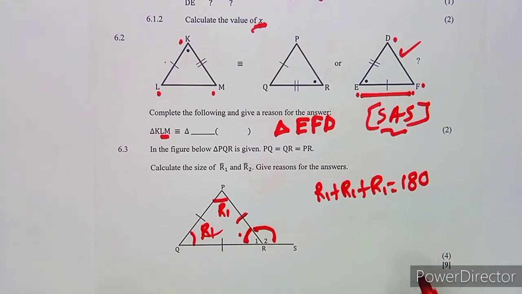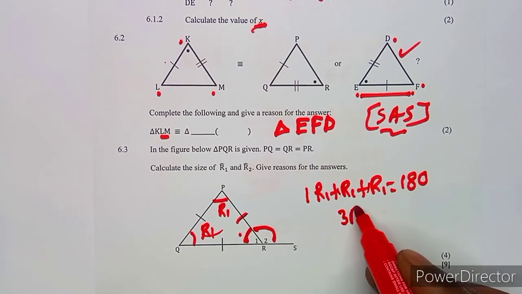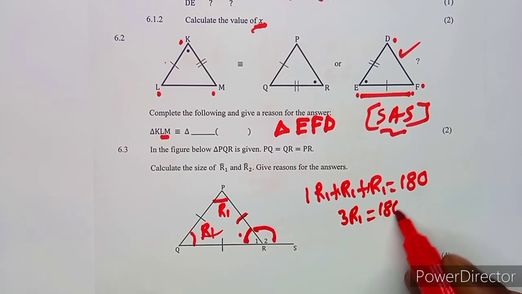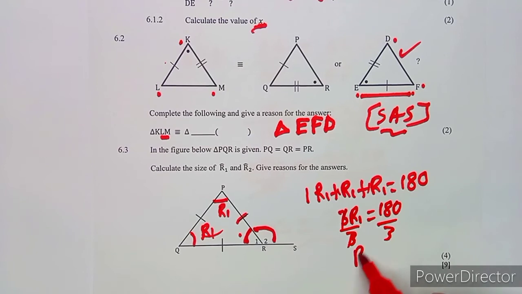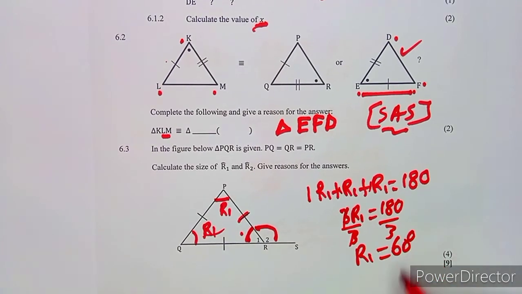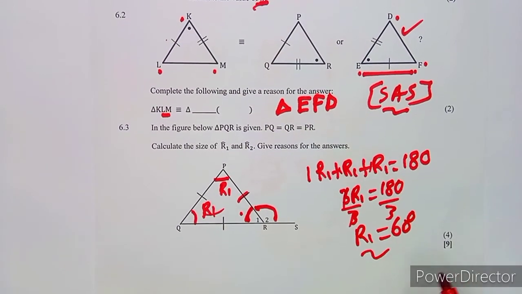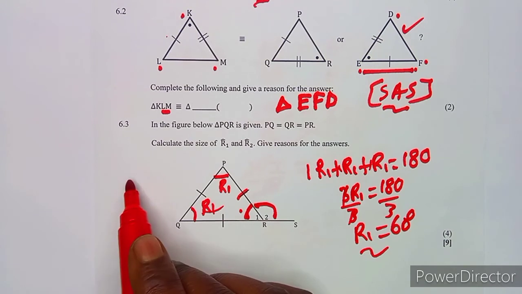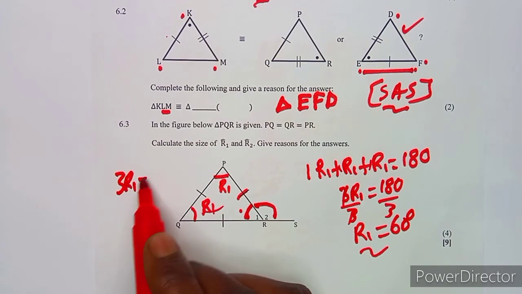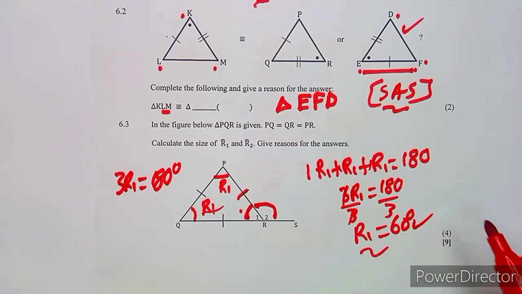It's an equilateral triangle. So 1 plus 1 plus 1 is 3, so 3 R1 is equal to 180 degrees. Dividing by 3, R1 is going to be 60 degrees. Why? Because angles in a triangle add up to 180, and this is an equilateral triangle. All angles are equal.